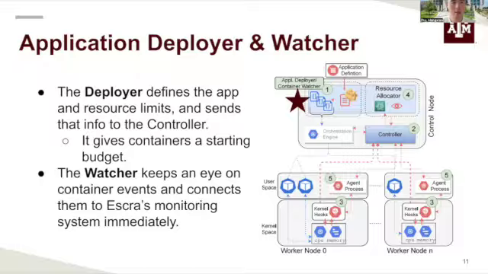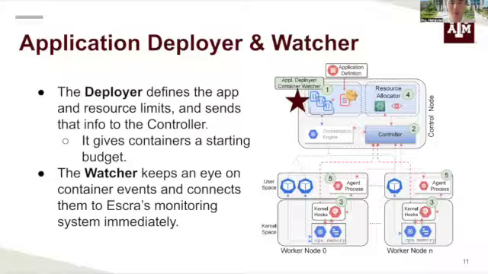So first, let's talk about the application developer and watcher in detail. The developer, as we've seen in this graph, the number one section, defines the app and the resource limits, which is done by reading some configuration files.